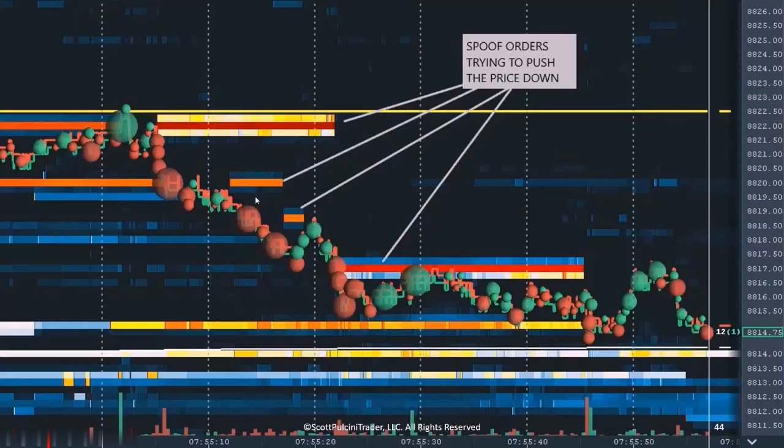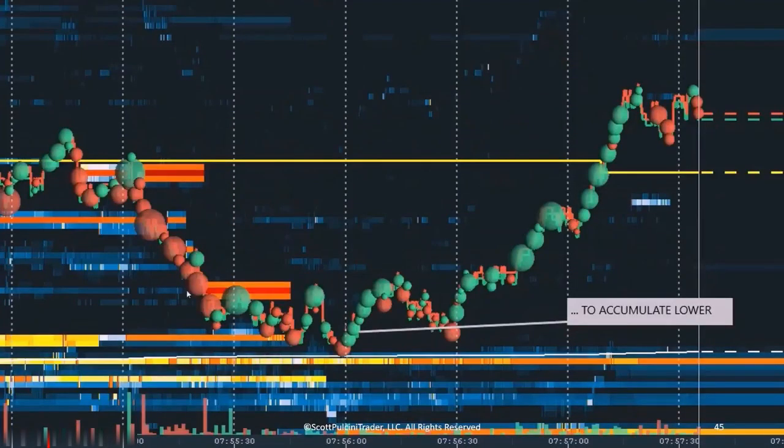The price follows down, and if the price were to come up, they will take the orders off because they have no intention of being executed, but they're still trying to push it down, all the way down here. And then what happens next?